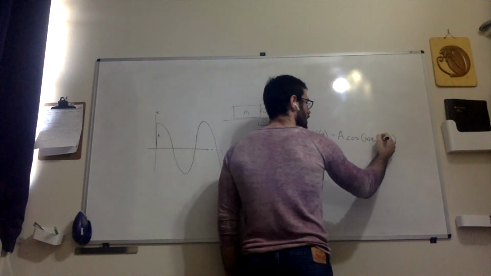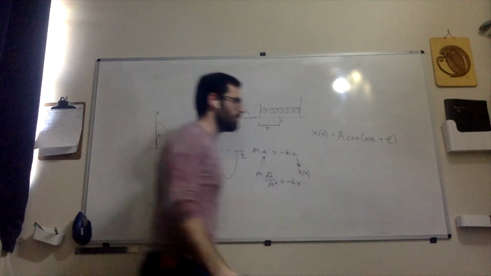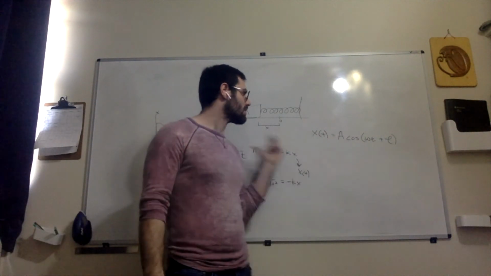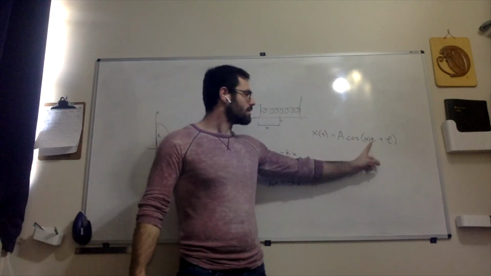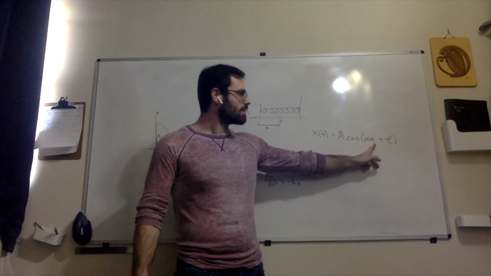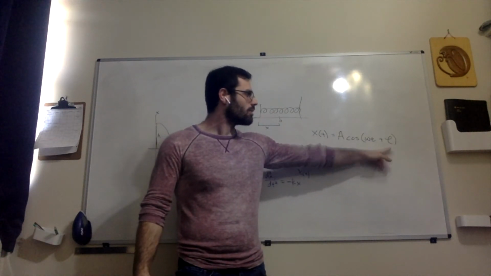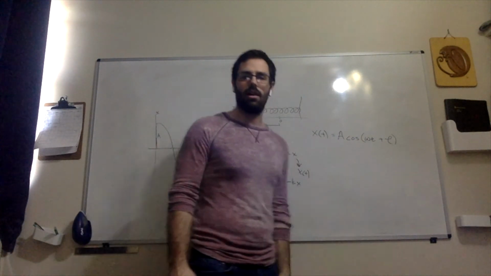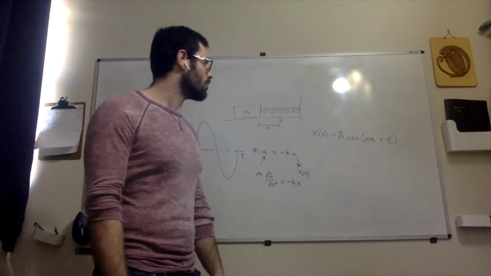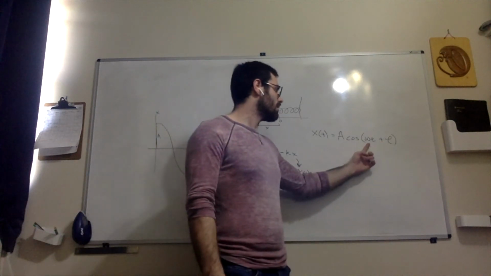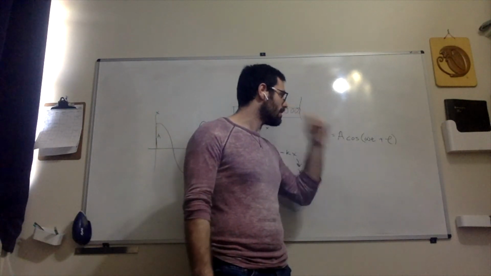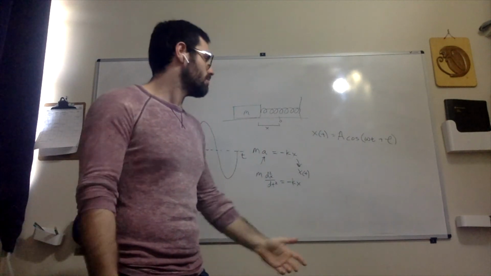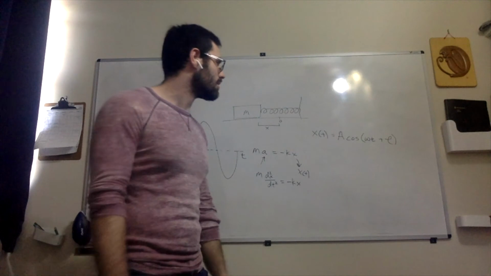And then there's a phase shift value. For our standard cosine graph, this is the angular frequency, that's the time, and that's the phase shift. The values that we really care about here, that define the particular spring motion, are going to be this omega and this A, and potentially the phase shift. Just plug that in as necessary.